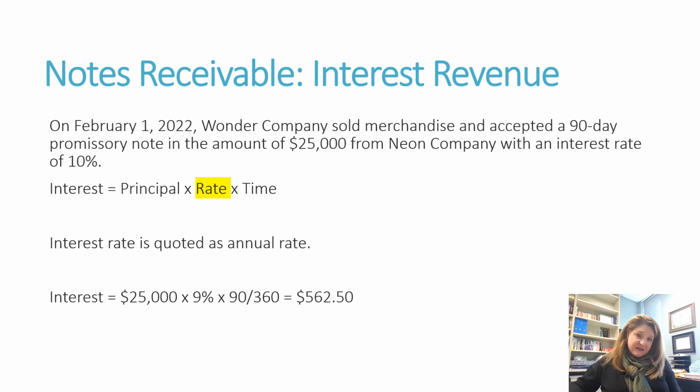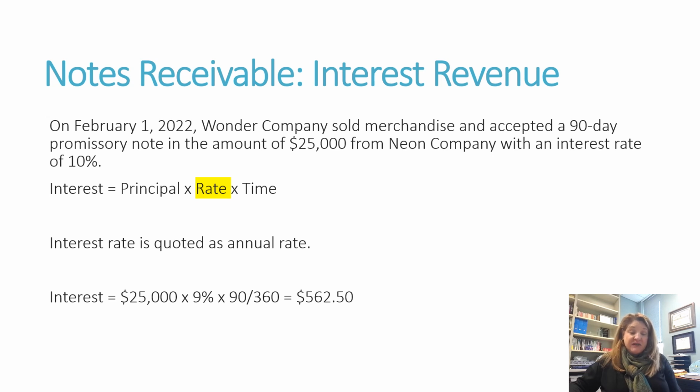So here we're making a simplifying assumption that every month has 30 days, and if it's a 90-day note, then we're going to want 90 days of the 360 days in our calculation of the total interest.